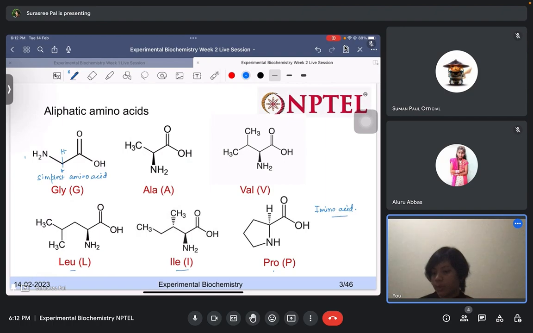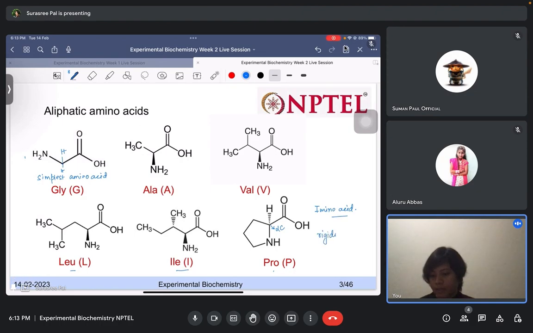This one is the alpha carbon, and the side chain and the amino group. So this is actually not an amino group, but rather an imino group, which is why proline is called an imino acid. And also remember, because of its different structure, proline gives rigidity when it is present in proteins.